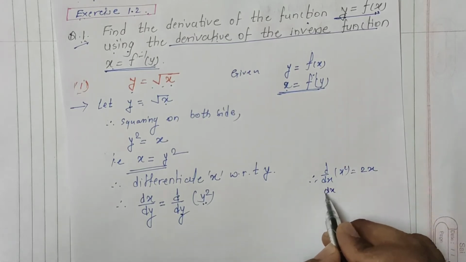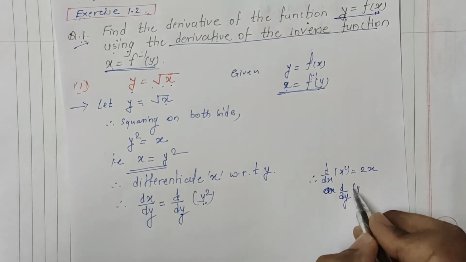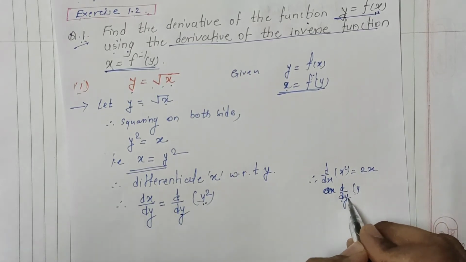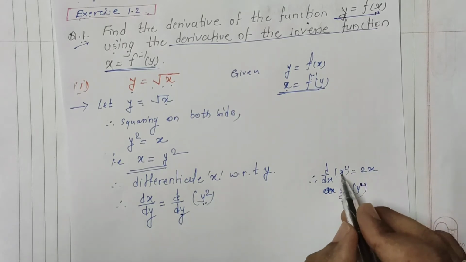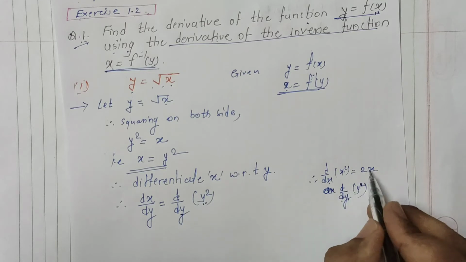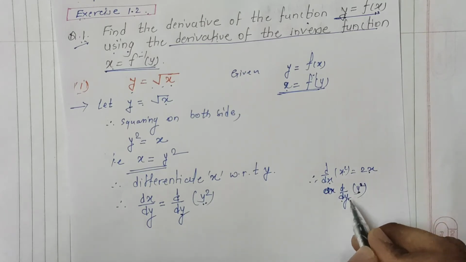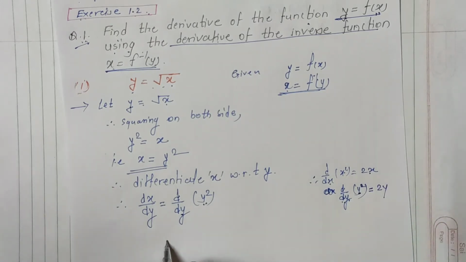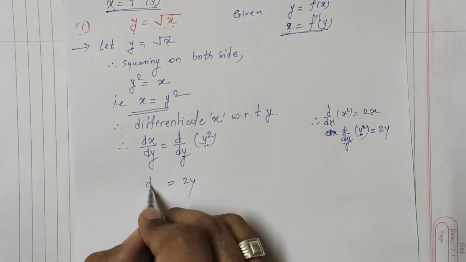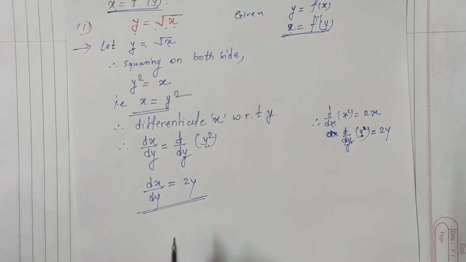Here we are finding the derivative of y square with respect to y, and the answer is 2y. So the required answer is dx upon dy is equal to 2y.